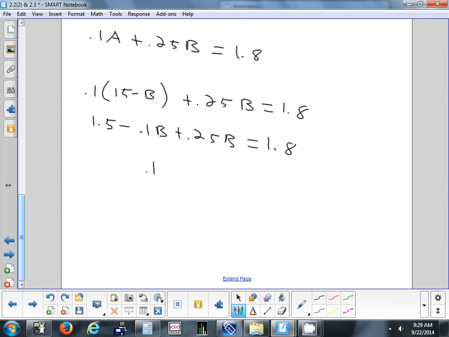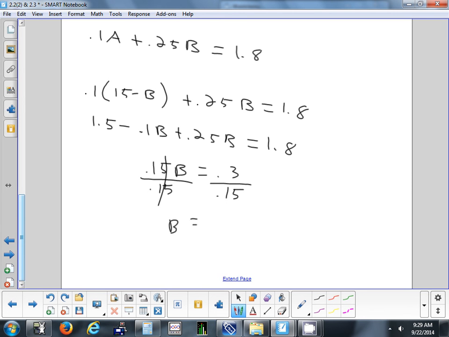It's 0.15B. I'm going to subtract 1.5, bring that to the other side. 1.8 minus 1.5 leaves me with how much? Yep. 0.3. Okay, divide by 0.15.